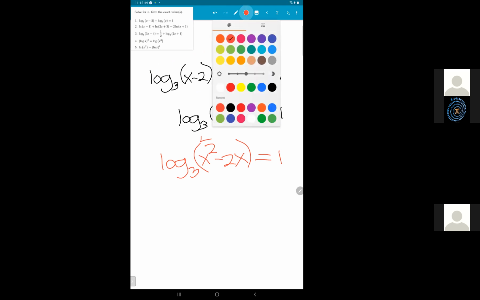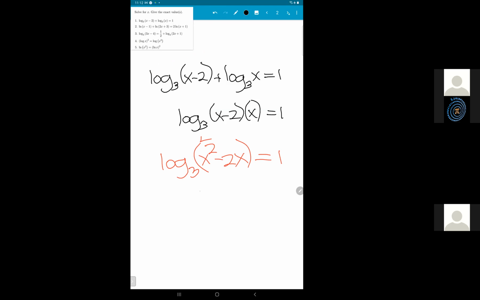Now we convert this to exponential form by moving in a counterclockwise manner in order to see where each of the expressions will go. So it will become x squared minus 2x equals 3 to the 1.